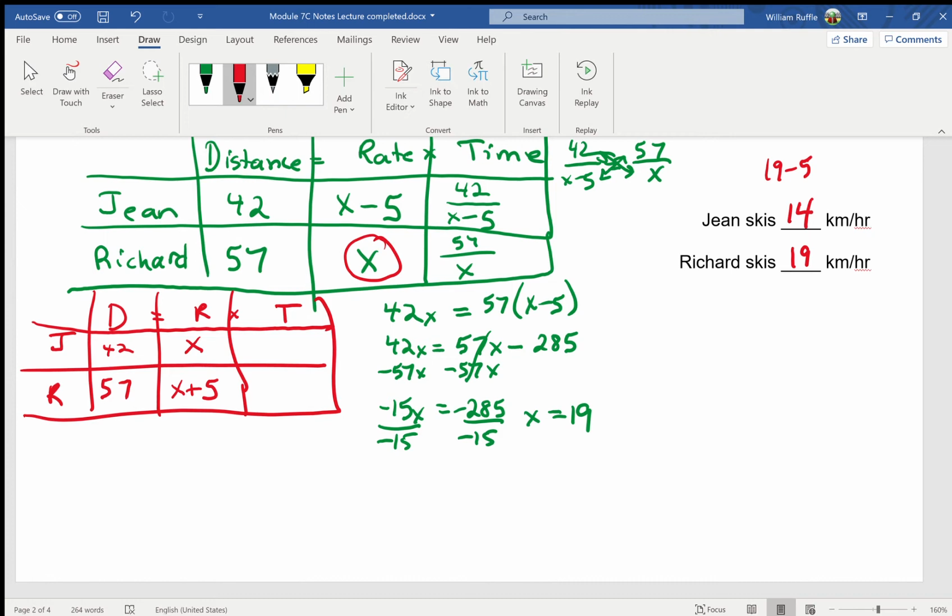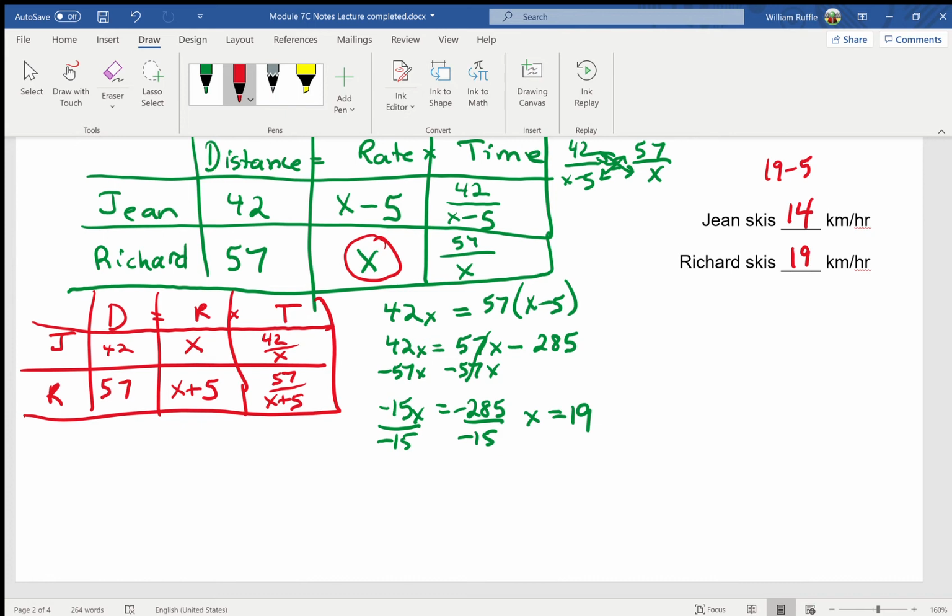And then I can still do d over t, so that's 42 over x. This is 57 over x plus 5. Again, I just make those two fractions equal to each other because it's the same time.